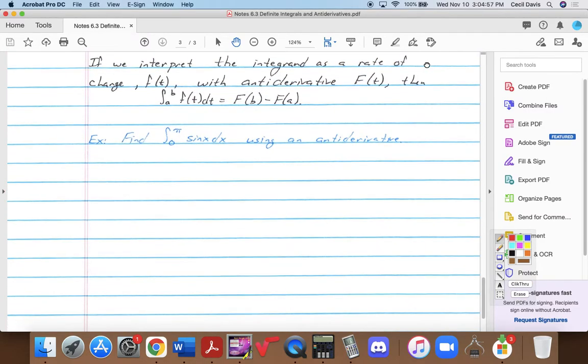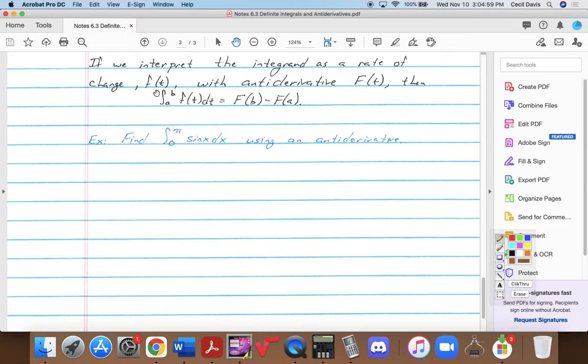If we interpret the integrand as a rate of change of f of t with antiderivative capital F of t, then the integral from a to b of f of t dt is equal to capital F of b minus capital F of a. This is a big, important, huge idea. So that will allow us to evaluate this integral using an antiderivative.